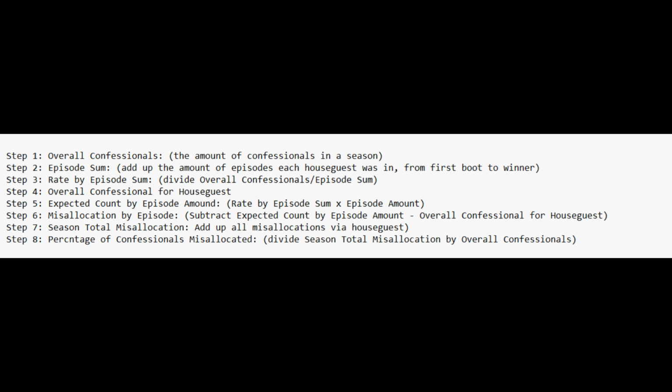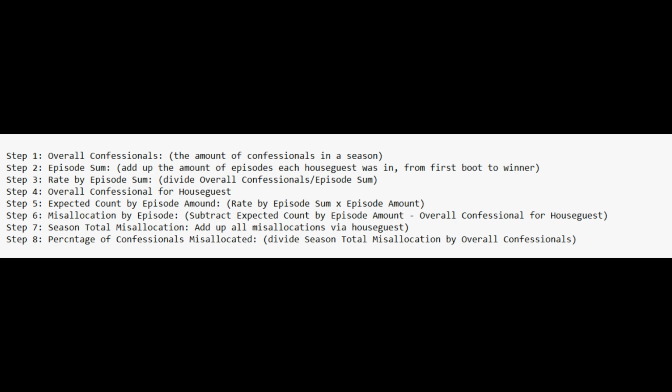By the end of this, we are going to add up all of the misallocations of each of the house guests into a number, which is the season total misallocation amount, and we'll have a number there. Then the final component that we're going to use is the percentage of confessionals misallocated.